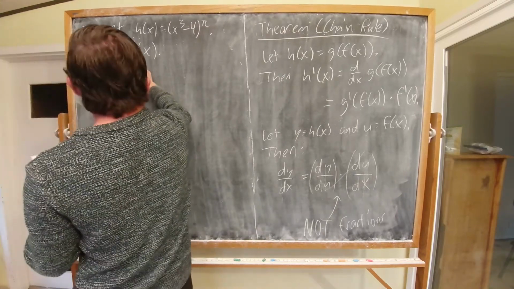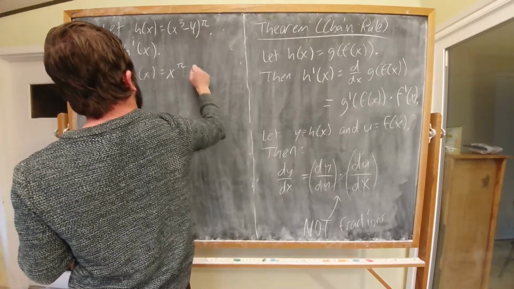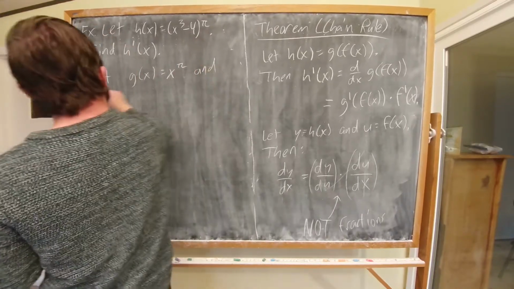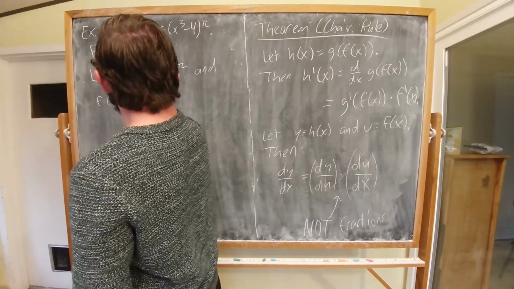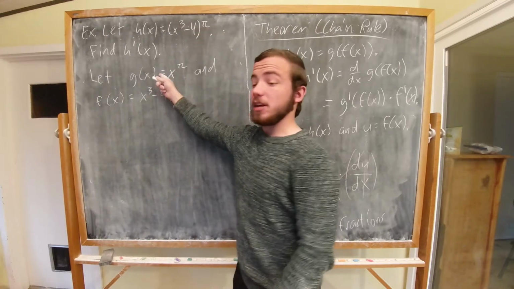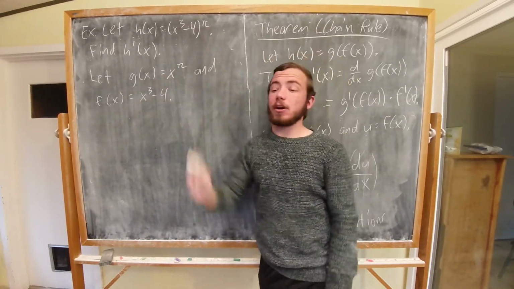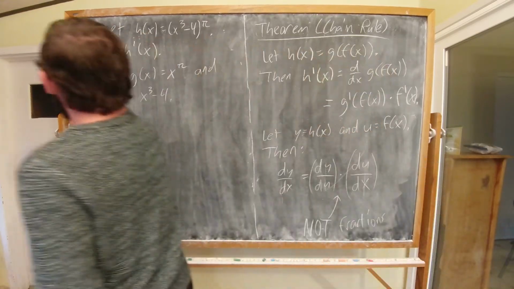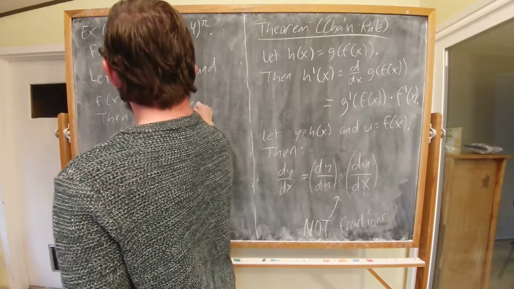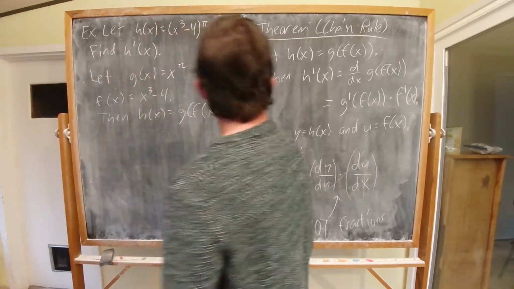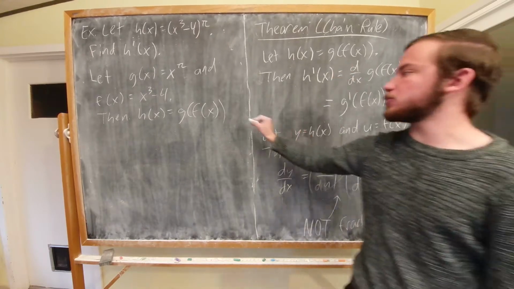Let's let g of x equal x to the pi and f of x equal x cubed minus 4. So our trick, let g be the outer one and f be the inner one. So then h of x is equal to g of f of x, which is exactly the situation the chain rule is made to address.